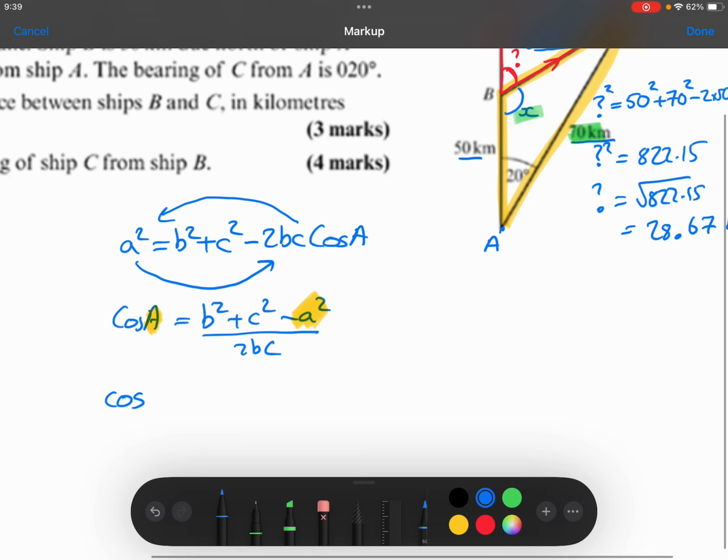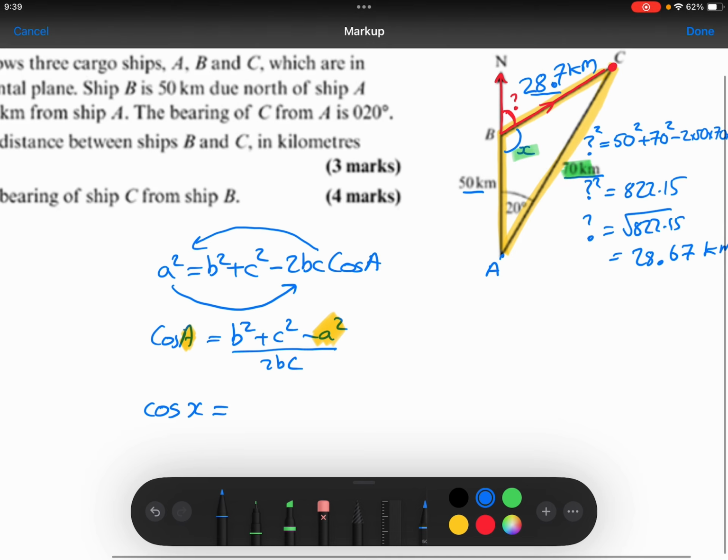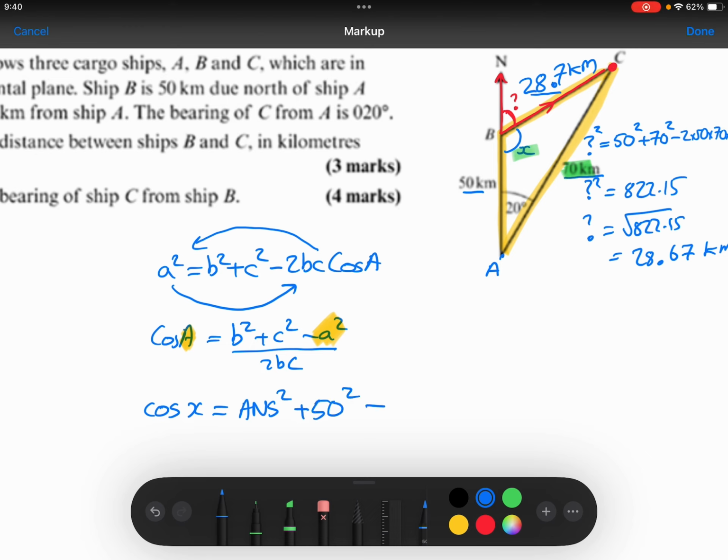So cos X, the B and the C don't matter. So my B is going to be the 28.67 from before, which I've still got on my calculator display, so I'll just use the answer button, plus the C, which is the 50, minus the A, which is the 70, obviously both of those squared, over 2 times B times C, so 2 times the answer times 50.